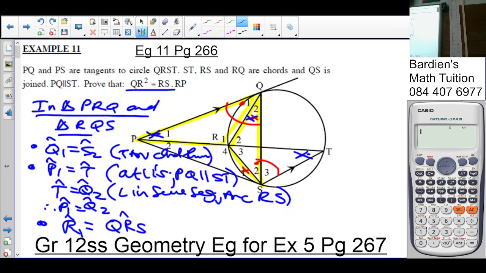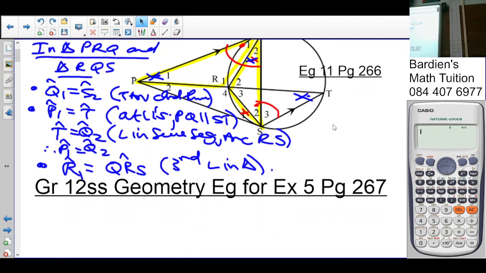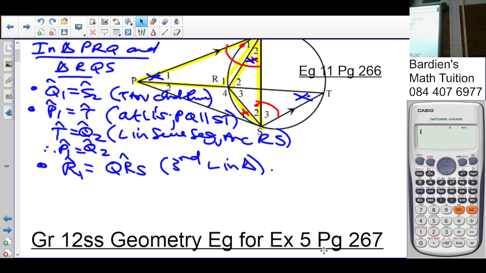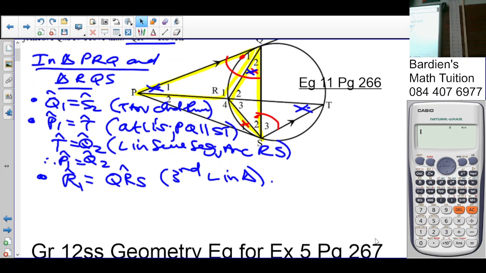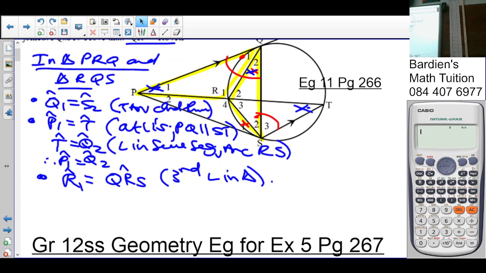Why? Because that's the third angle in the triangle. Is that enough to conclude similarity? Yes, it's enough. And don't forget the order, it's important. So I can say, therefore, triangle PRQ is similar to triangle.